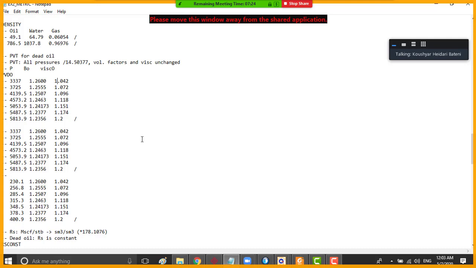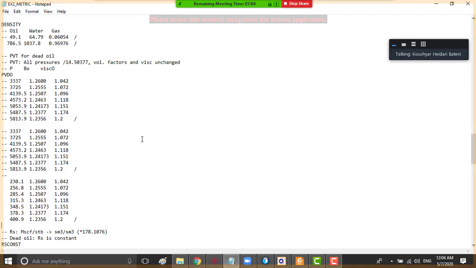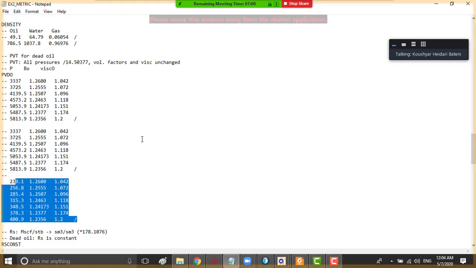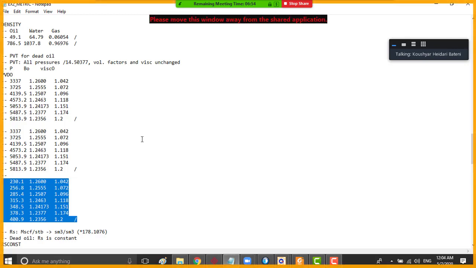The third column is viscosities in centipoise, right? And the unit for viscosity in the metric system and in the field system are the same. So for the third column also, you don't need to do anything. So the difference between this table and the original table that you had is only in the data that you have in the first column, right?